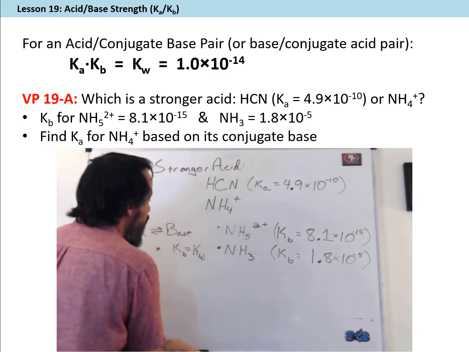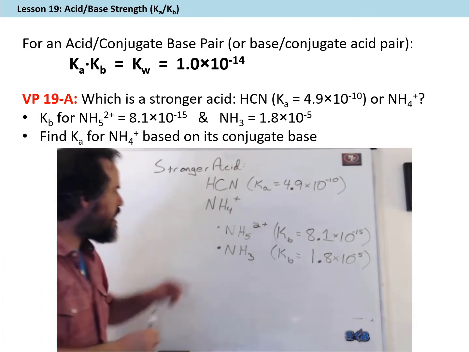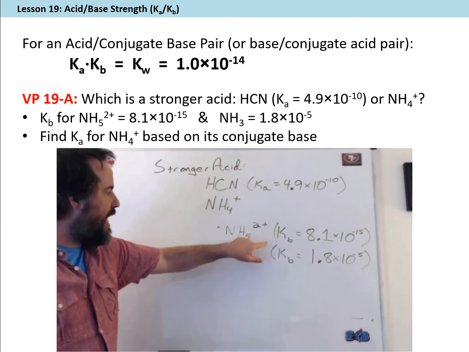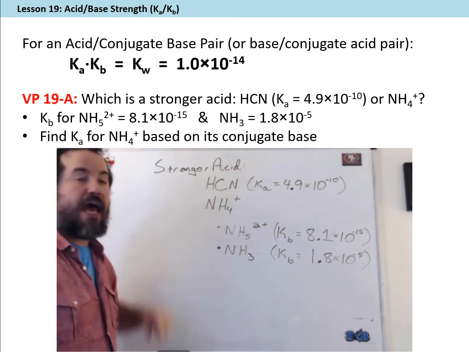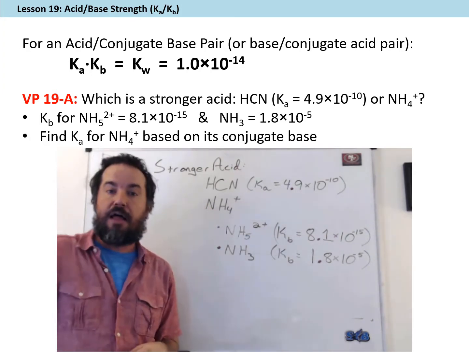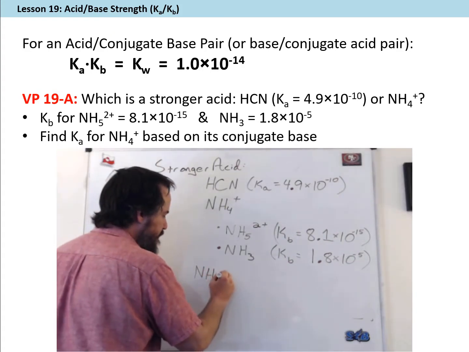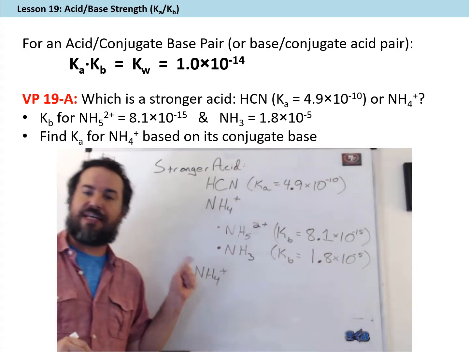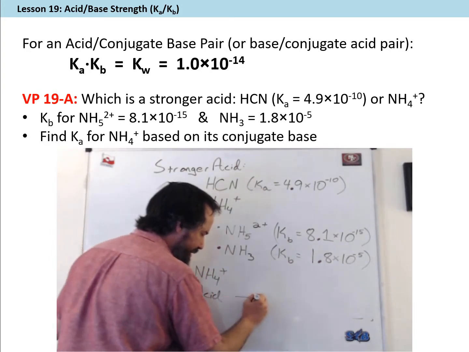So in this case, if I know the base related to this acid, I can figure out the Ka for this.